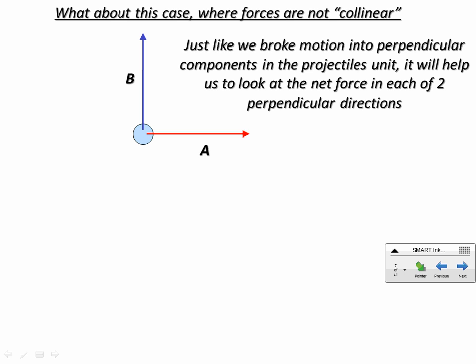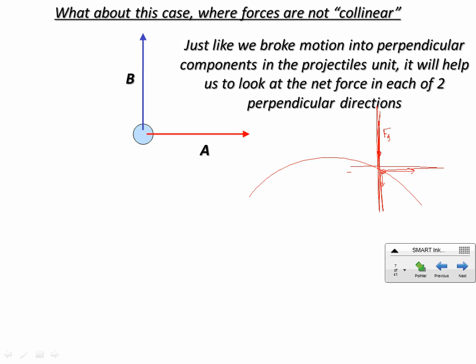We're going to treat these a lot like we treated projectile problems. In projectile problems, we said, here's a projectile, and at this instant it's moving this way, and it's moving this way. The only force on it is that way from gravity. So let's talk about this direction because gravity works in that direction.